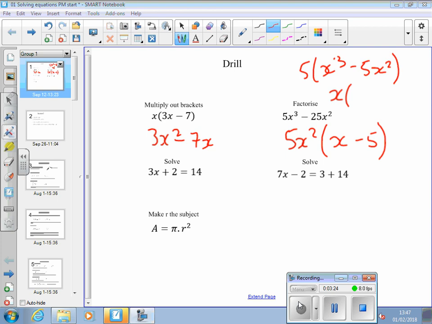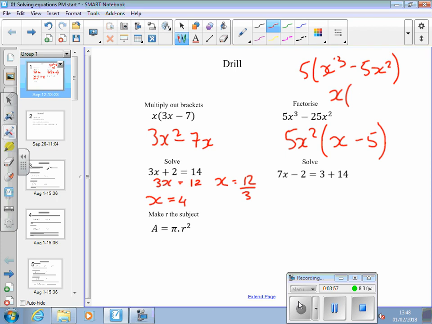What about this one? Solve 3x plus 2 equals 14. x does equal 4. The process is that we can take 2 from both sides and say 3x is equal to 12. And then we divide both sides by 3 to end up with x is equal to 12 over 3.